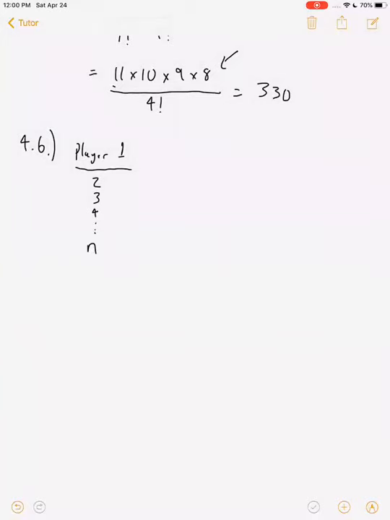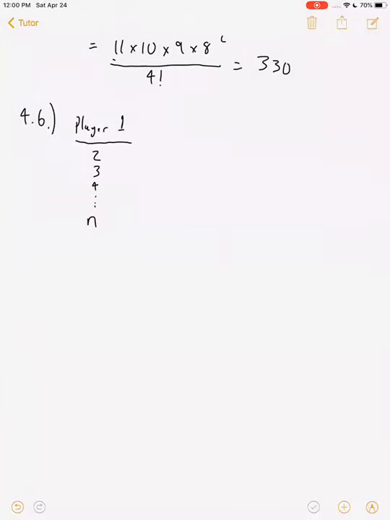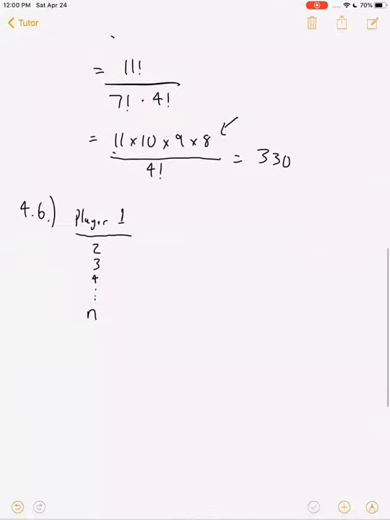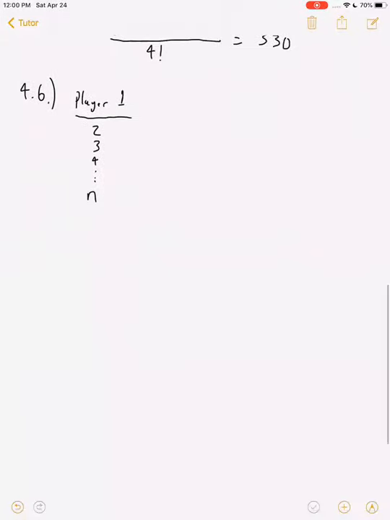So in total, he will have played n minus 1 games, because he doesn't play against himself. He plays against everyone but himself. So that's n minus 1.